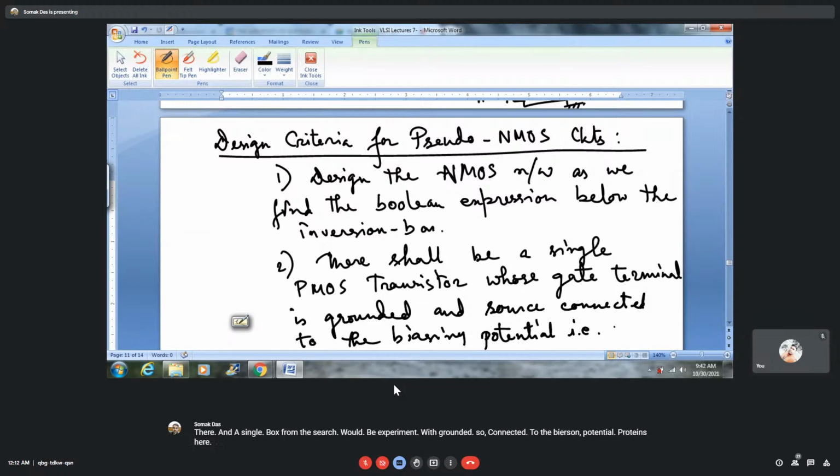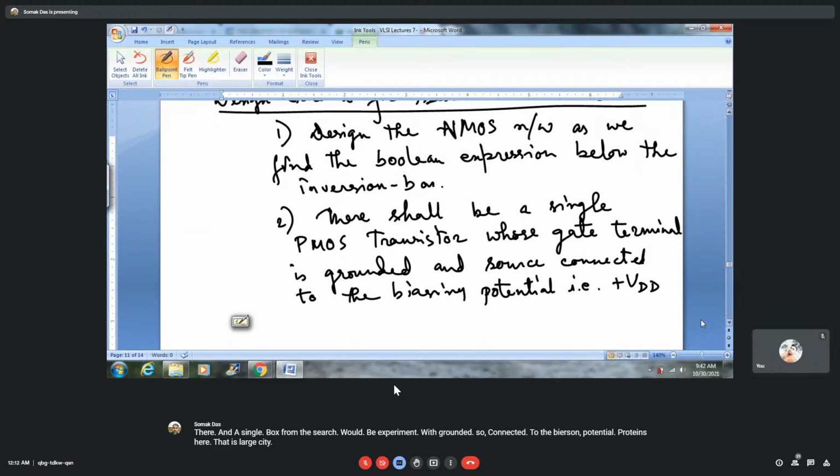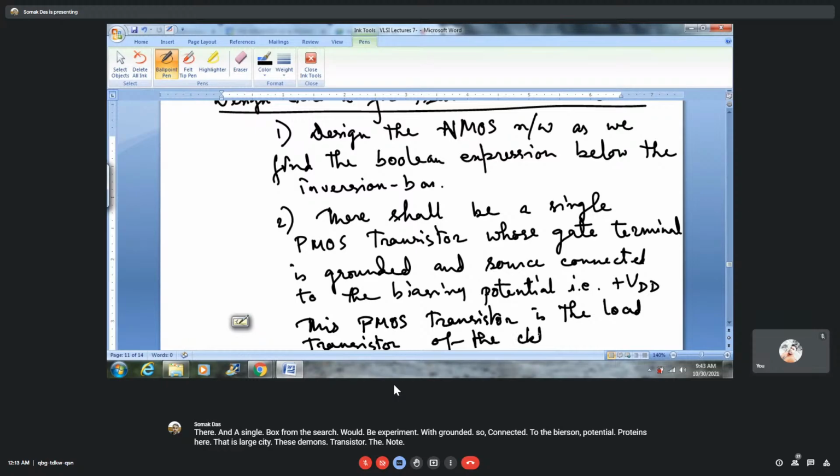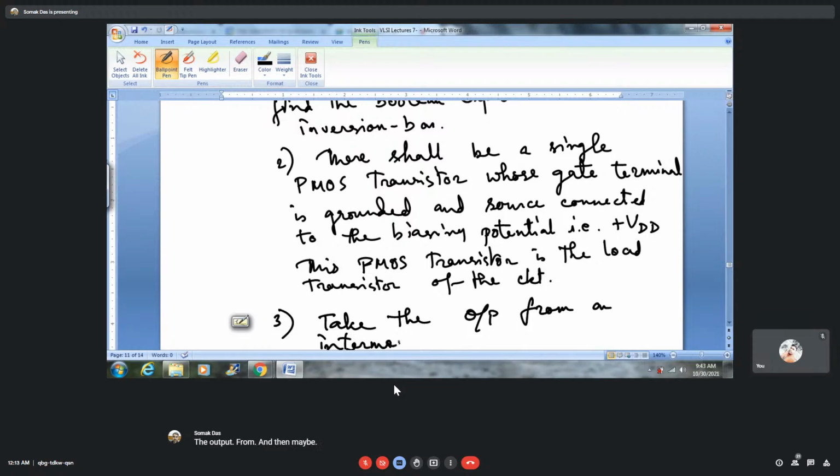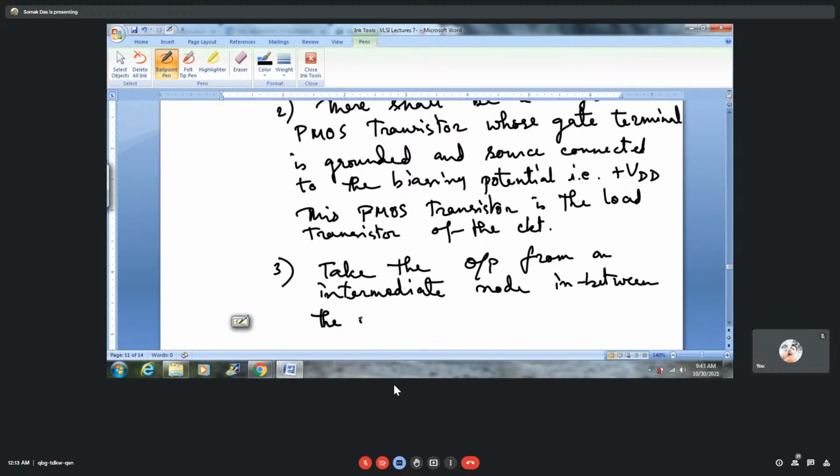This PMOS transistor is the load transistor of the circuit, and take the output from an intermediate node between the NMOS network and load.